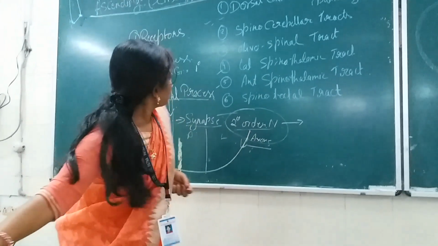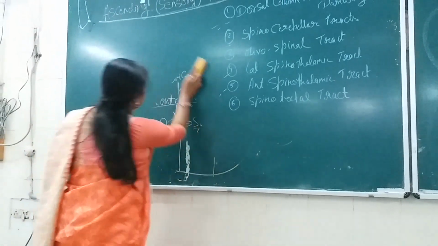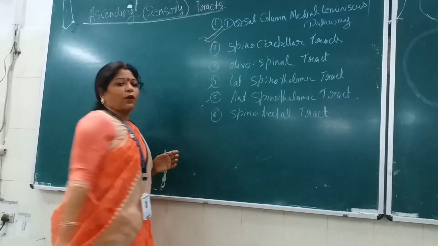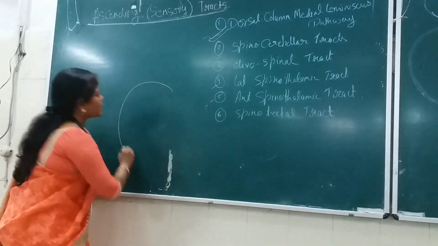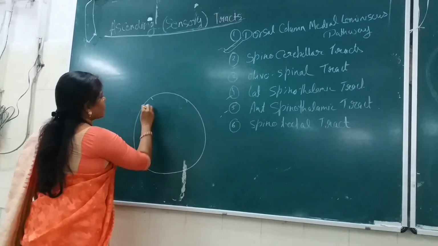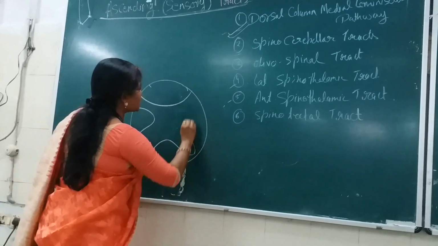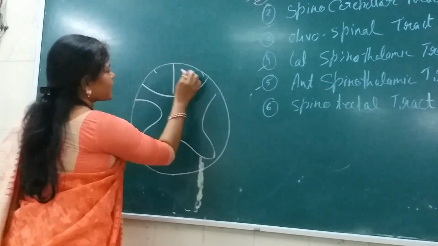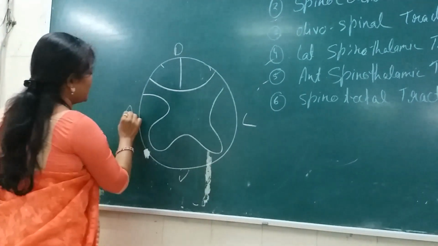Now come to the dorsal column medial lemniscus pathway. Where is it present? This pathway is present in the dorsal funiculus, isn't it? So it is present here. This side is the dorsal, this is the ventral, this is the left side, and this is the right side.